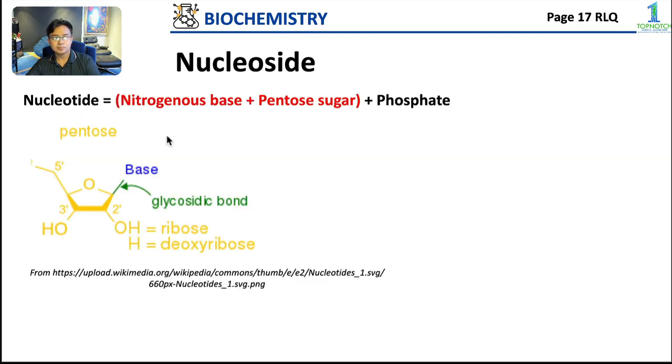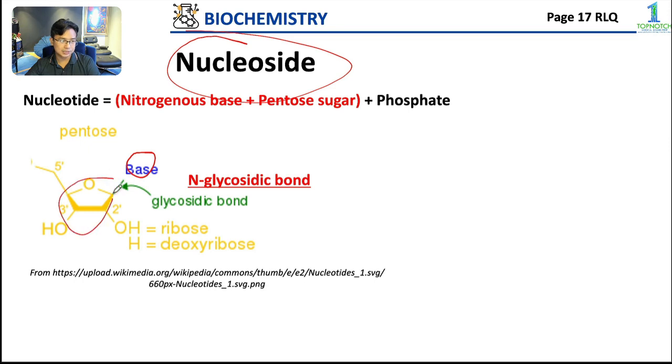Now, when you combine a base to the sugar, you form a nucleoside. You are a nucleoside when you only have sugar and base. Take note that we have what we call an N-glycosidic bond between the base and the sugar itself.